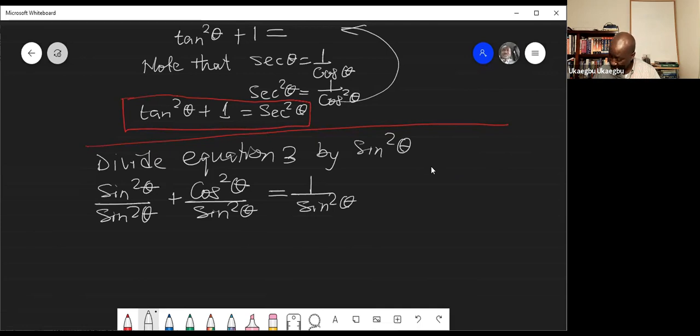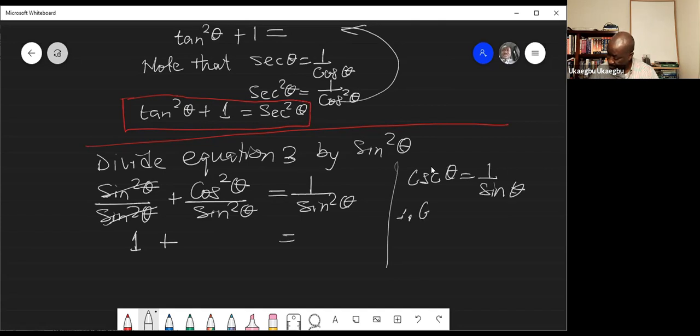So now sine square theta divided by sine square theta is going to give us 1 plus, let's go to the right side. On the right side, we know that cosec theta is equal to 1 over sine theta.